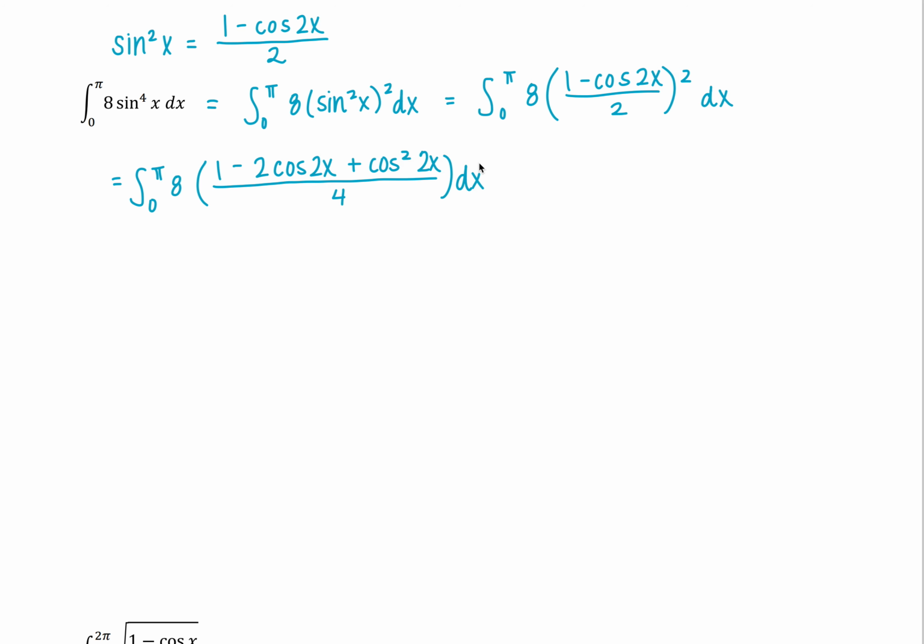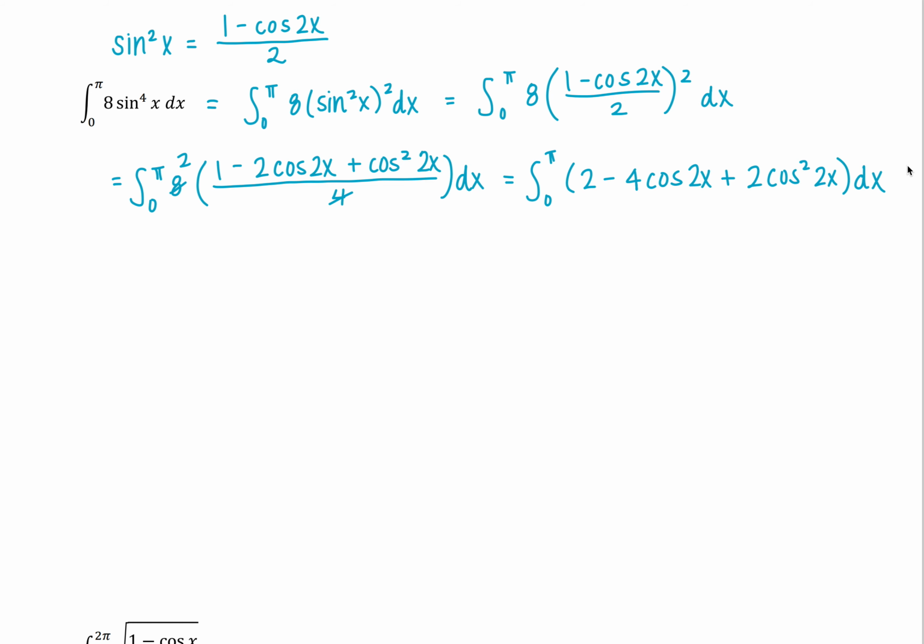So then we have the 8 in front. It's just waiting to help us get rid of that denominator. Of course, 4 goes into 8 twice. So now I can distribute the 2, and that gives me the integral. We're going to integrate from 0 to pi. And we've got 2 minus 4 cosine 2x plus 2 cosine squared 2x dx.